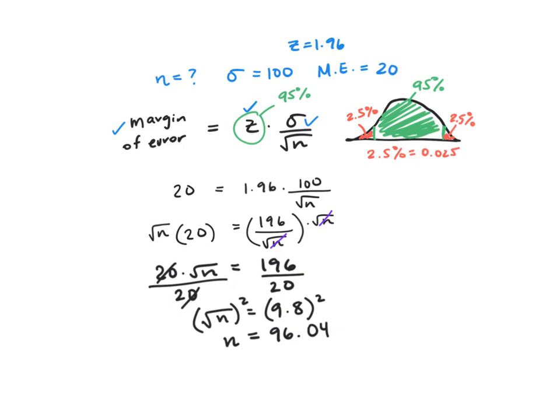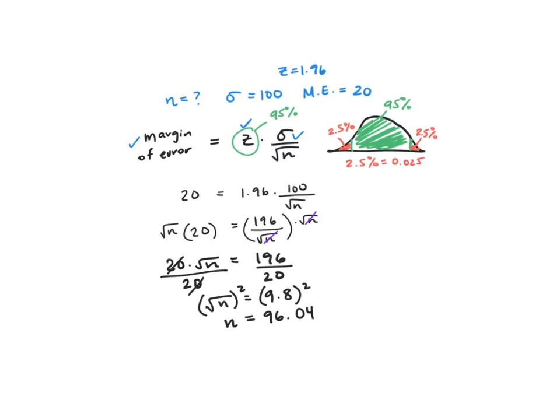To explain where everything's coming from, and what the question was, right? The question was, how large of a sample? And so we got a sample size of 96. So at the very least, our margin of error has to be within $20.